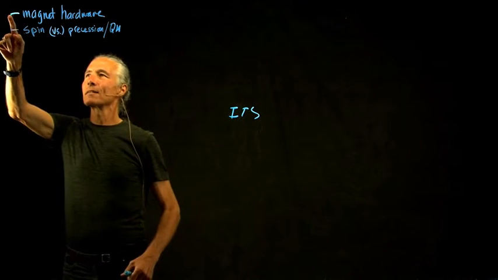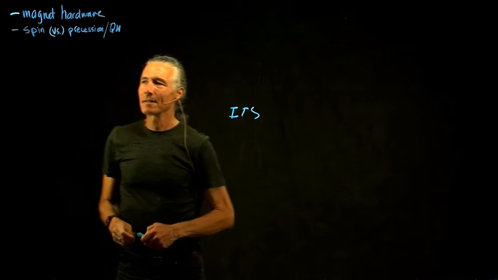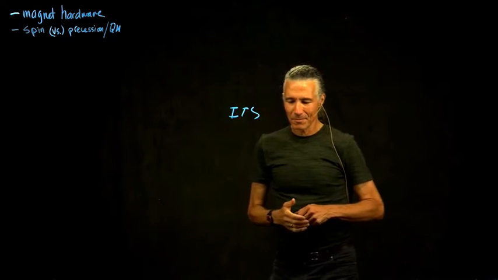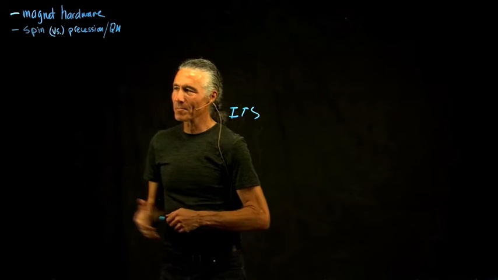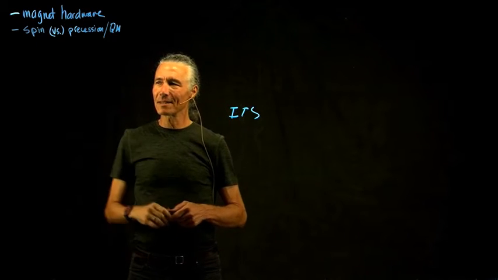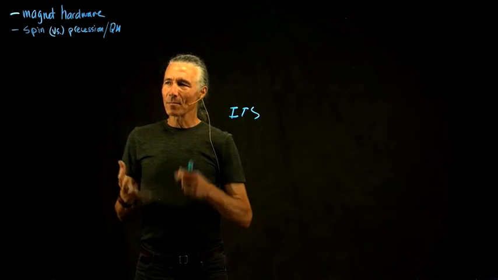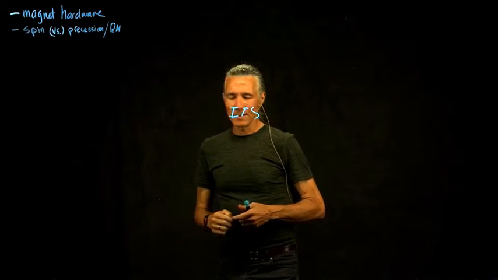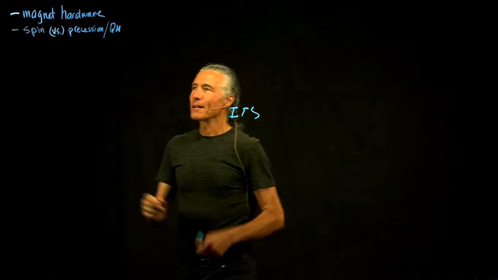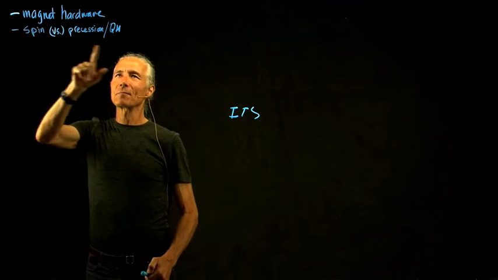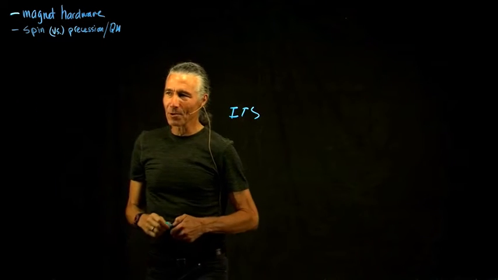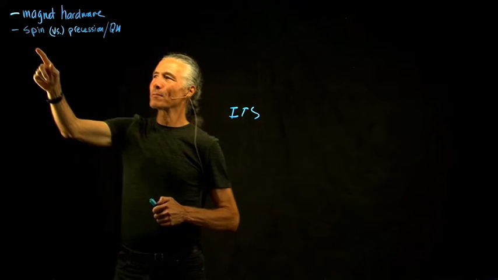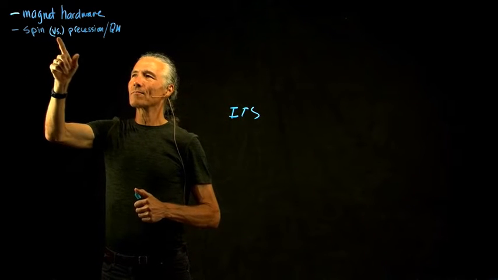Okay, so two topics for today. The first is what's in the magnet, what makes noise in the magnet, and how it is set up. We'll talk about 5 different things in the magnet that are relevant, and then the second part we talk about quantum mechanics. I don't know a lot of quantum mechanics, but we want to just talk about spin versus precession.